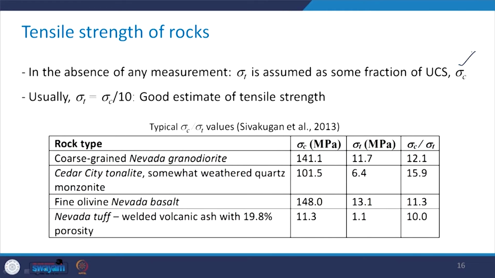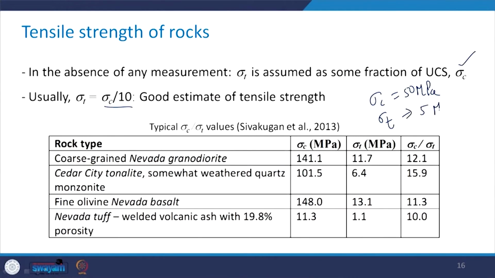That means we have conducted, let us say, UCS in the lab, and we do not have any data or any means to carry out this Brazilian test, then usually sigma c upon 10 can be taken as a good estimate of the tensile strength.